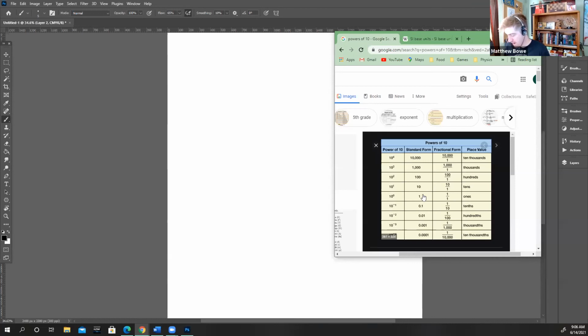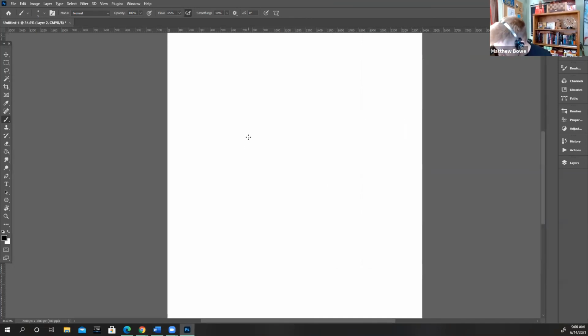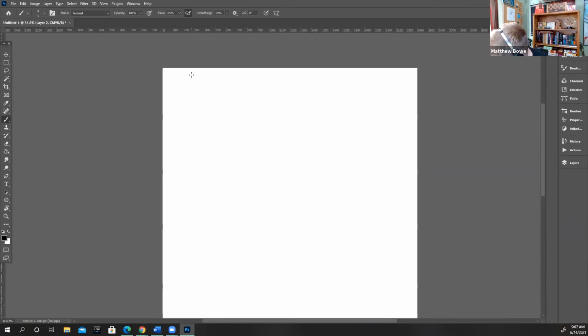These are powers of 10 or orders of magnitude. Think of things increasing by adding another 0 to this value. I'm going to write out something and I'll bring that back. Powers of 10.